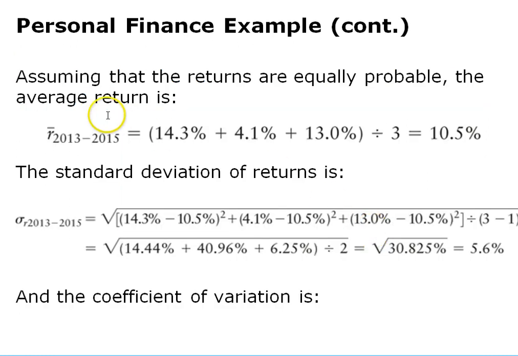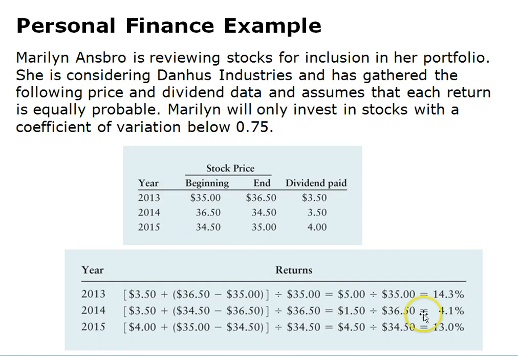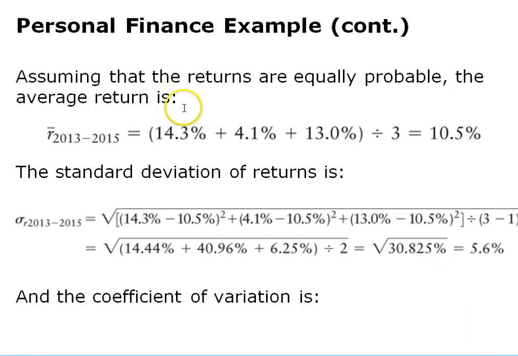Assuming that the returns are equally probable, the average return is 10.5%. And for the standard deviation, if we go back for a second, here are the returns of these 3 years, and she's saying that they're equally probable. Using that average, she can calculate a standard deviation of 5.6.